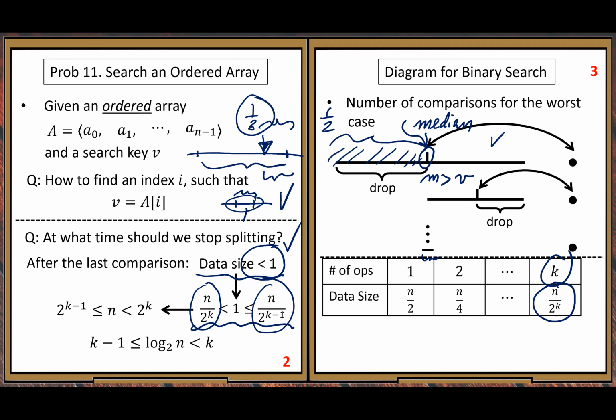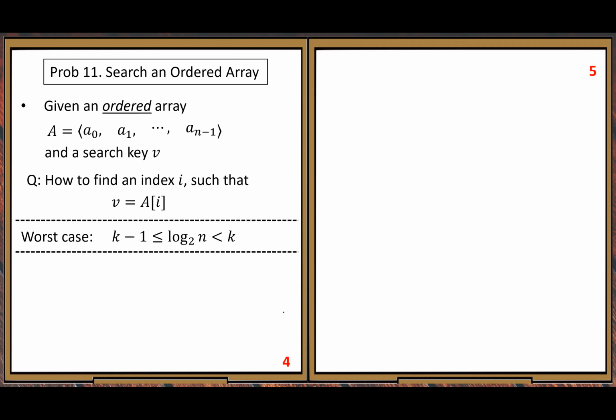Then we get K minus 1 less than or equal to log base 2 of n less than K. Can you get the range of K? So we can write the range of K.